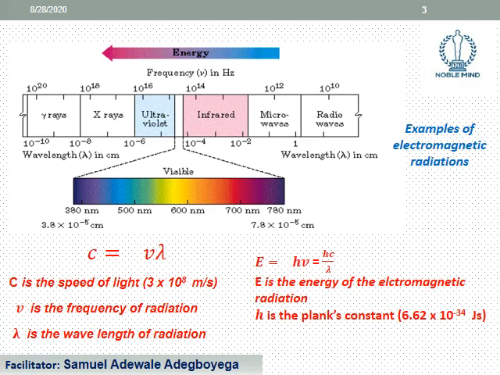So let's look at this formula: E equals hν, and we know that frequency is equal to c over lambda. So we can find the relationship between the wavelength of absorption and the energy. The higher the energy of the electromagnetic radiation being absorbed, the lower the wavelength, and you see Planck's constant with that value.